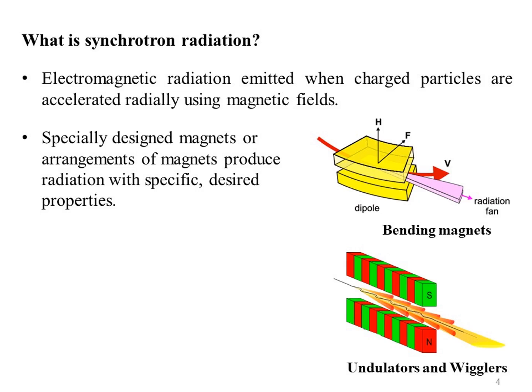Specially designed arrangements of magnets produce radiation with specific desired properties. Magnetic configurations include simple bending magnets or arrays of magnets called undulators and wigglers.